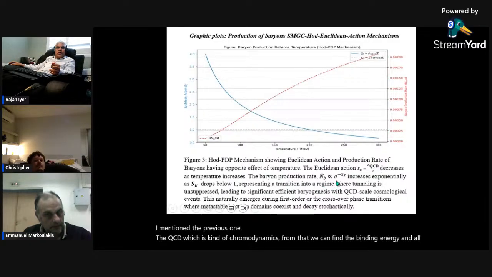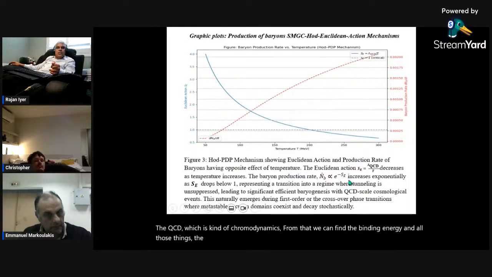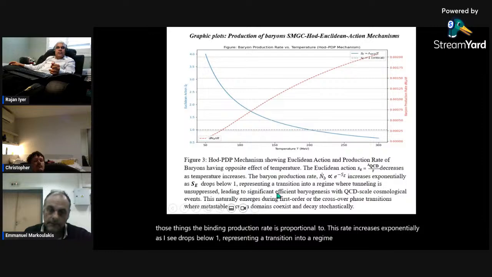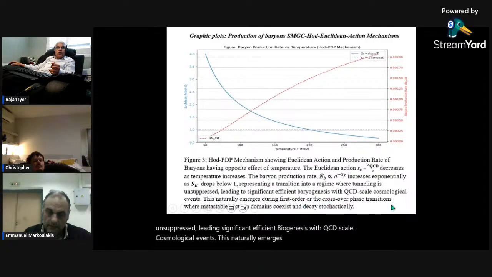The baryon production rate is proportional to this rate and increases exponentially as SC drops below 1, representing a transition into a regime where tunneling is unsuppressed, leading to significant, efficient baryogenesis with QCD scale cosmological events. This naturally emerges during first order or crossover phase transitions where metastable domains coexist and decay stochastically.